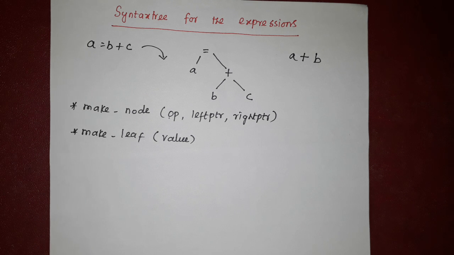Make node constructs the node by using three elements: first the operator, second the left pointer and third the right pointer. The second function is make leaf, which has only one value, specified within the function: make leaf of the particular value. Let us see some example expressions where we construct the syntax tree by using these two functions.